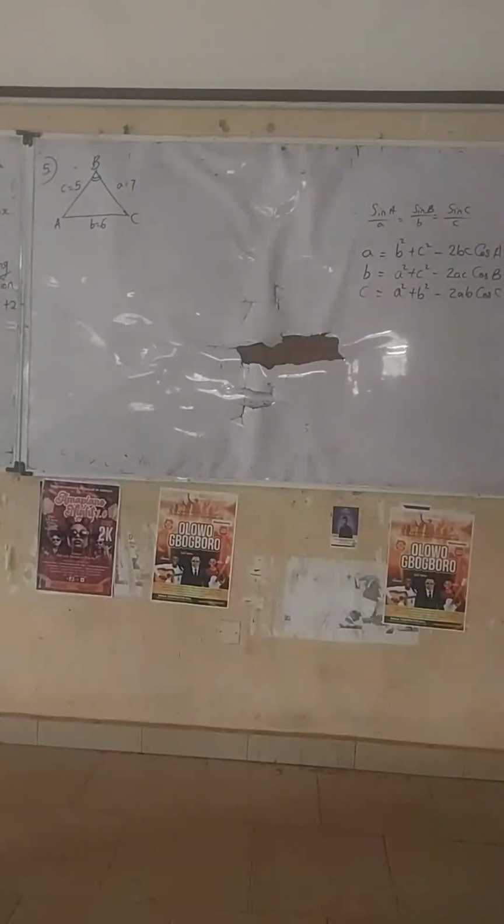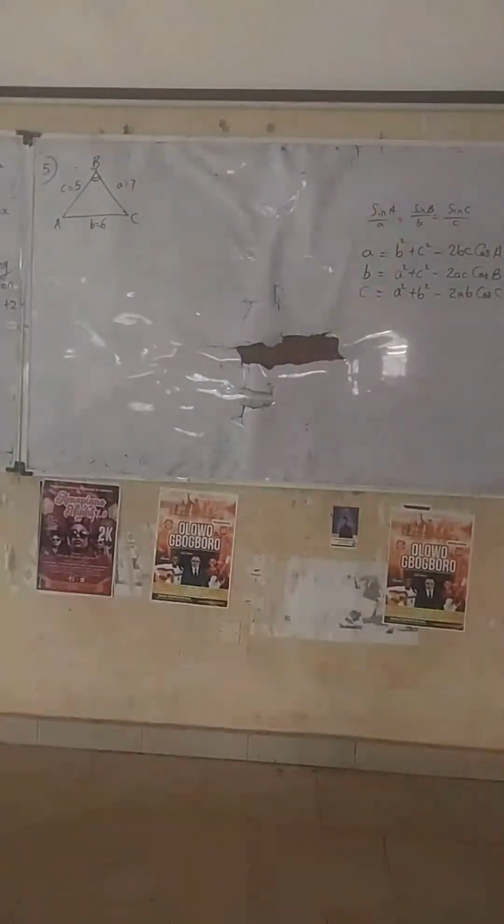But for the cosine rule, you use it when you have just 3 sides, no angle. You can also use the cosine rule when given 2 sides and 1 angle in a particular way.